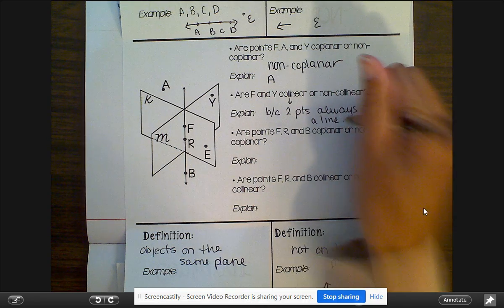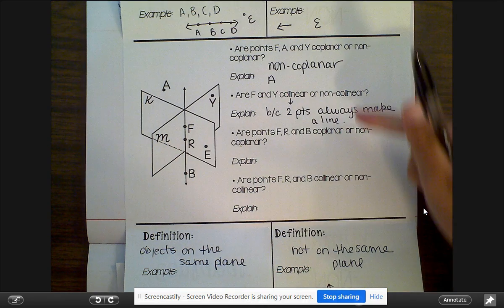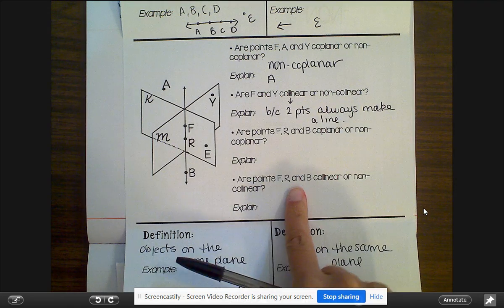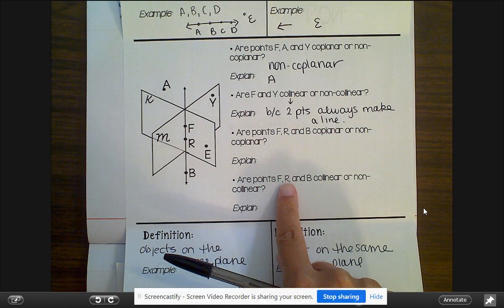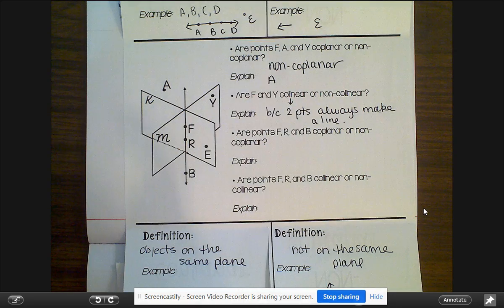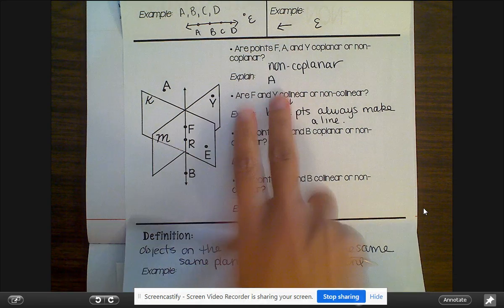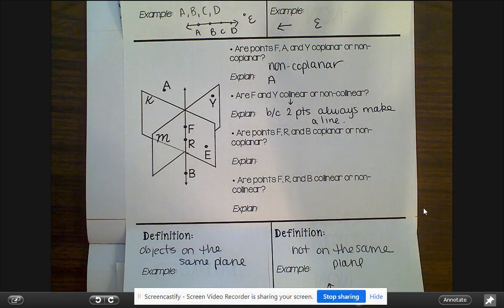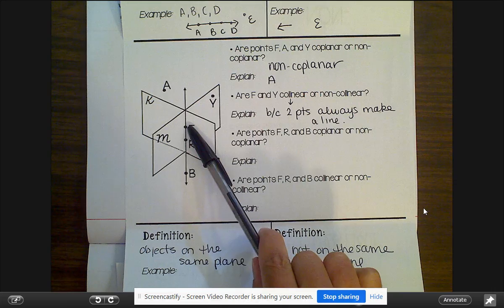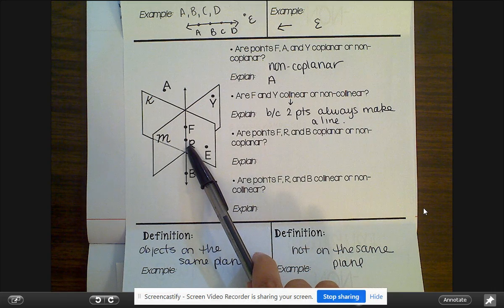A better question would be something like this one down here. So let's just jump to it. Are the points F, R, and B collinear or non-collinear? Now, if I have 3 points, that's the moment it becomes a question. If I have 2, I can always make a line. If I have 3, then I don't know, are they? Because I can draw a line between F and R, and in fact, they already have.